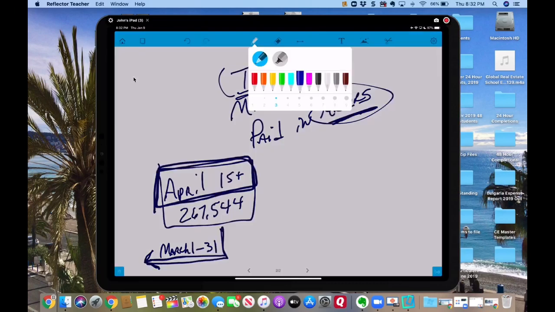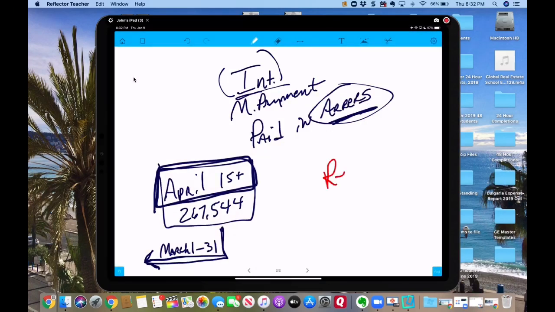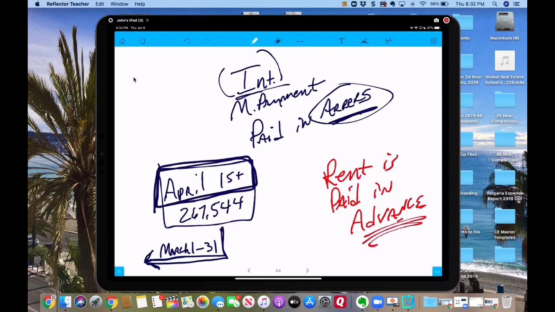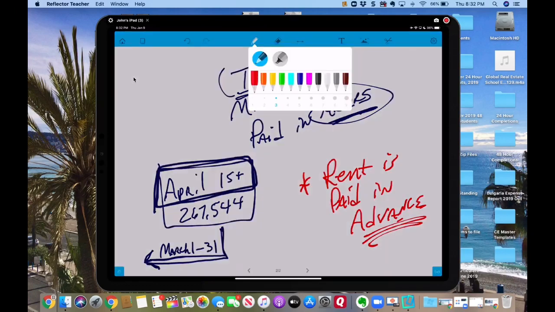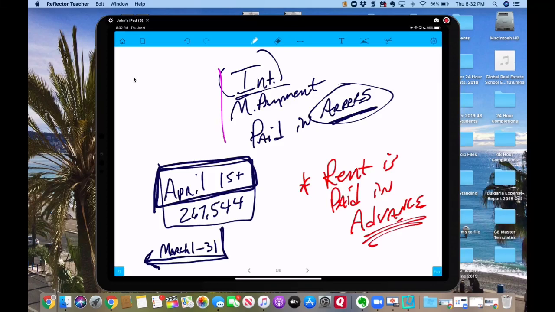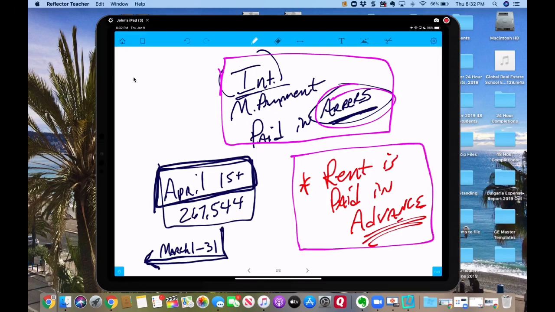Now, information you need to know for the real estate exam: rent is paid in advance. All right, so you got to know that. So don't forget: mortgage payment, interest paid in arrears; rent paid in advance.